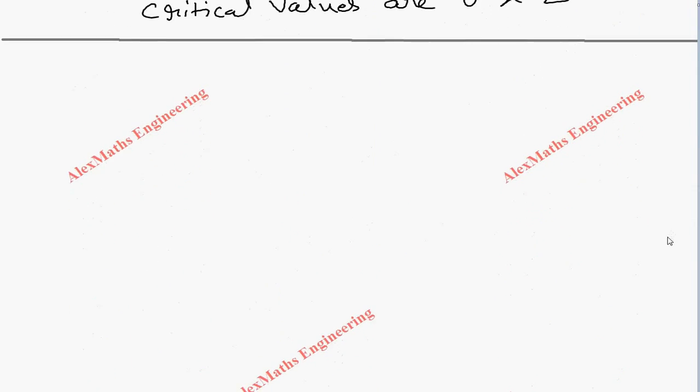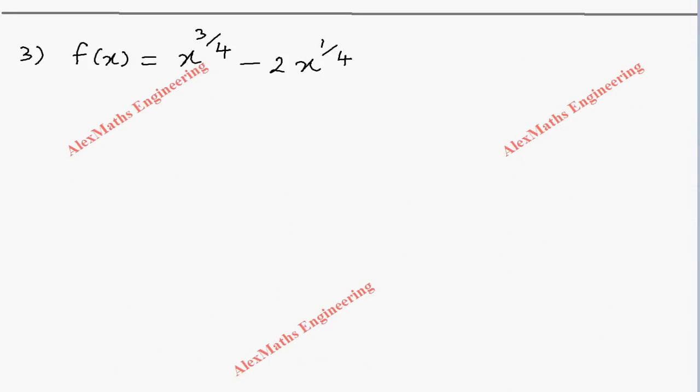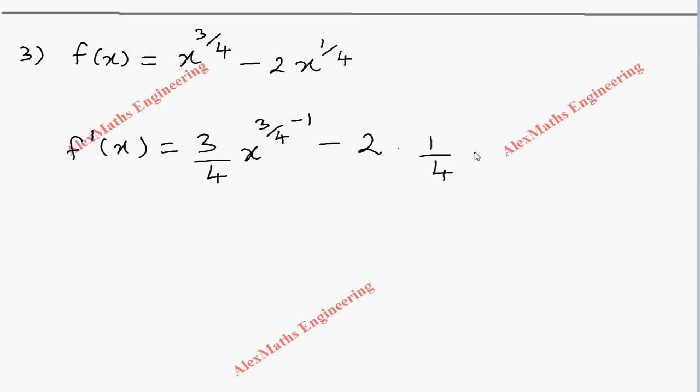Now let's see the next problem. First step, we have to find f dash of x. Using the differentiation formula, this is 3 by 4 x power 3 by 4 minus 1 and minus 2 into 1 by 4 x power 1 by 4 minus 1. So this is 3 by 4 x power, after taking LCM, minus 1 by 4.